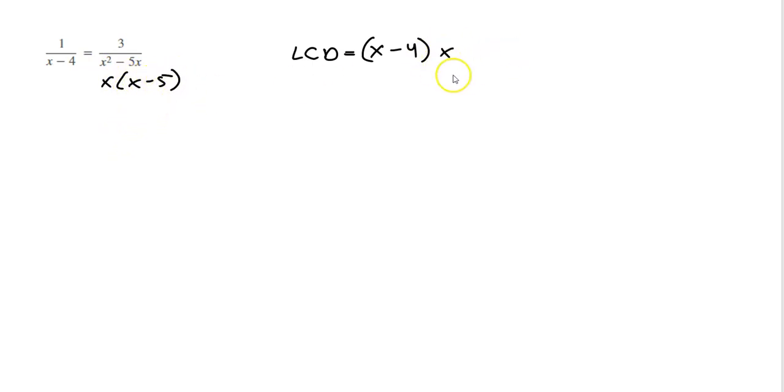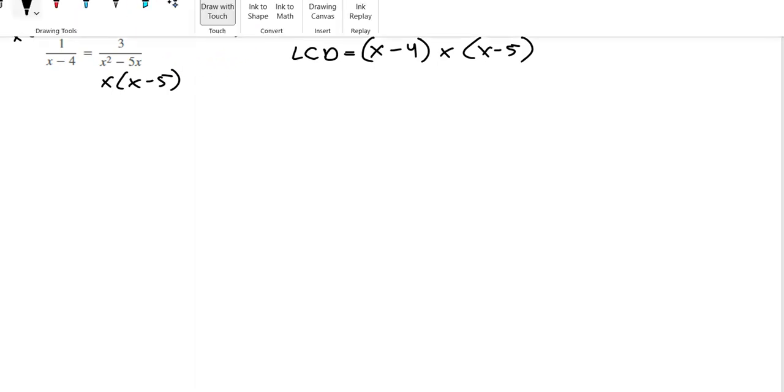So my other LCD is going to be x, and then x minus 5. Okay, well, let's multiply everything by the LCD. So I've got x, x minus 4, and x minus 5. Over here, I've got x, x minus 4, and x minus 5.